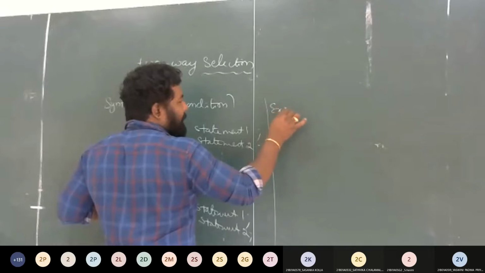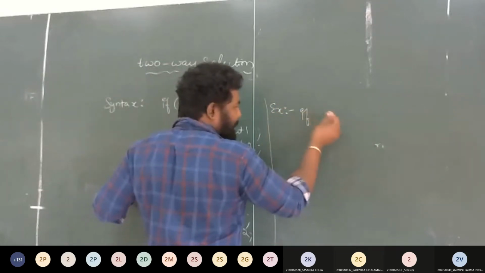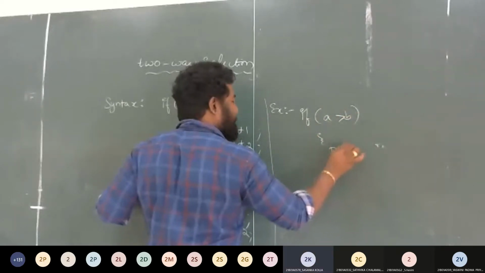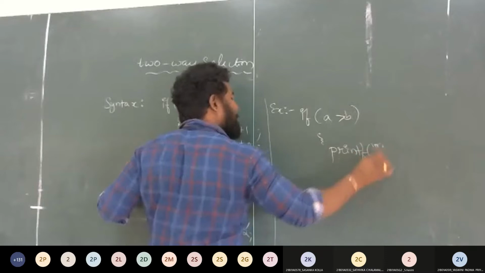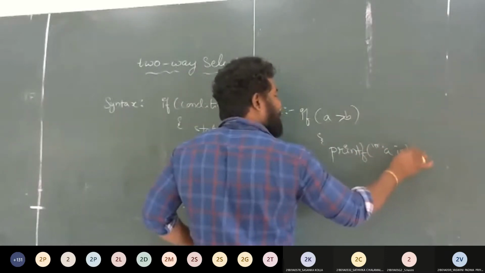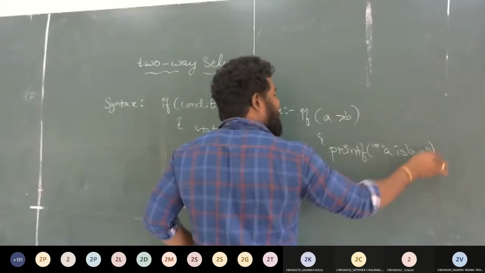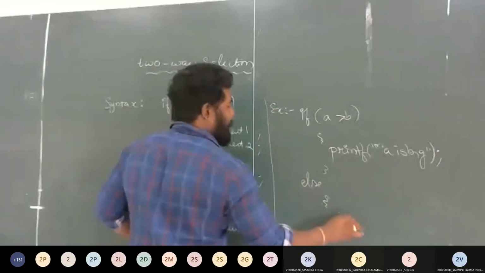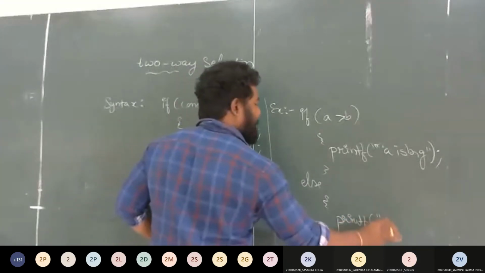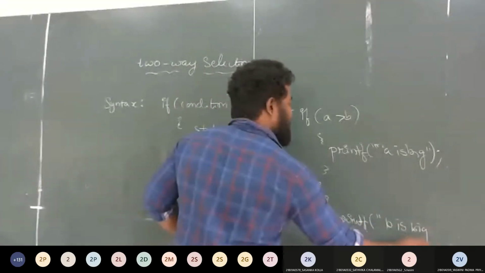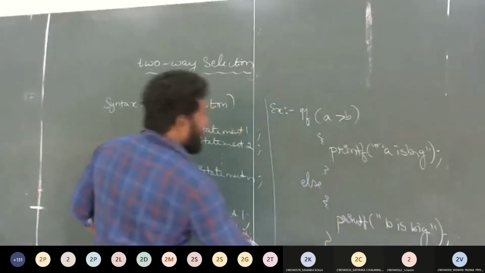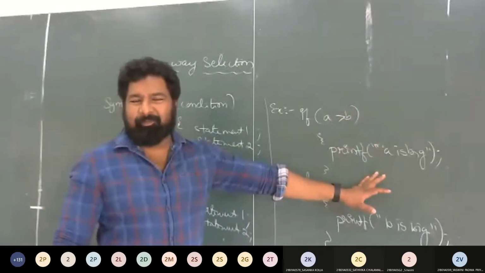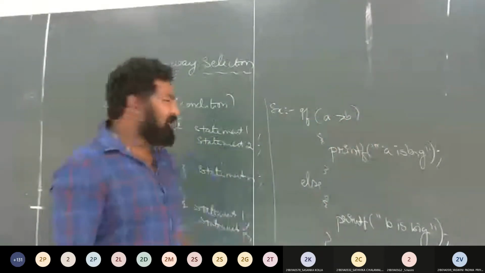Okay, so this is the example. If A is greater than B, if that is true, this will be executed. If this is false, else will be executed, right?